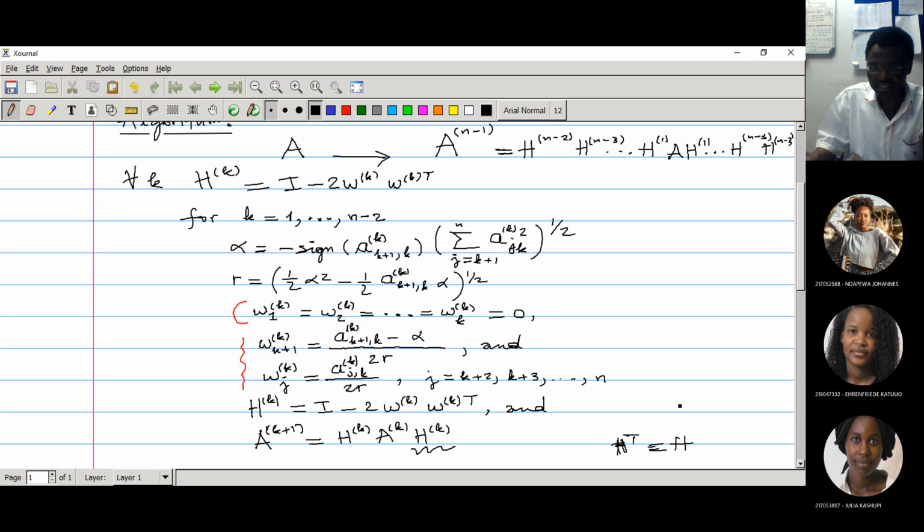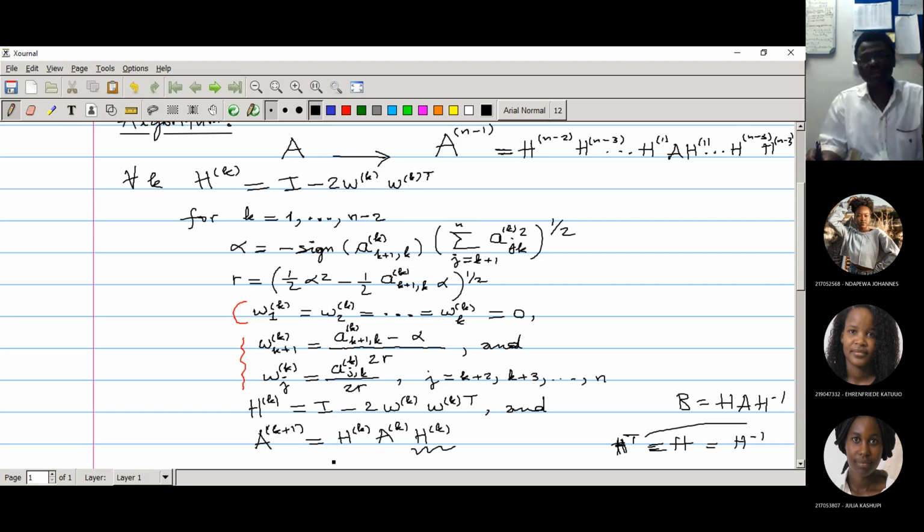Because for similarity, we need H or a matrix here, A and its inverse, which is the same as H inverse because it's orthogonal, right? That's similarity, they are similar. So this H_{k+1} and A_{k+1} and A_k are similar matrices.